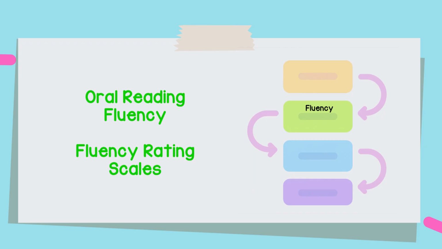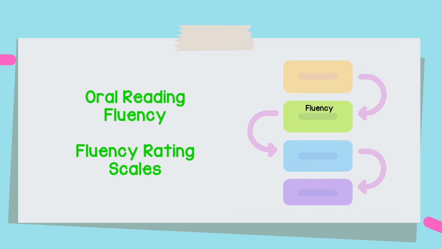These tools give us standardized norm-referenced data that helps us compare a student's fluency to grade level expectations. For example, a student reads 95 words per minute but misreads 20 of them. This is not a fluent reader. That student is not fluently reading.